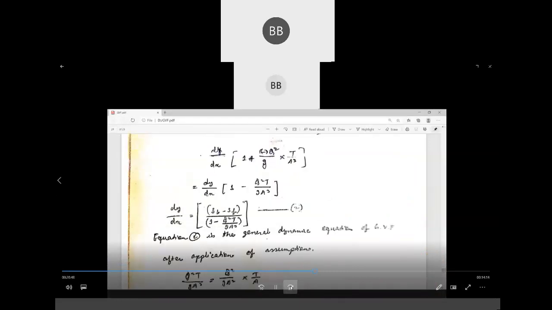Further, here we have Sb minus Sf. Find an expression for dy by dx. This will come in the denominator. So Sb minus Sf divided by 1 minus Q square T by gA cube.